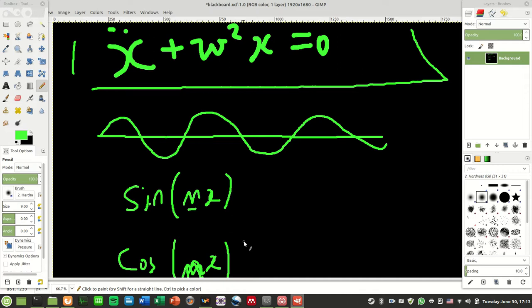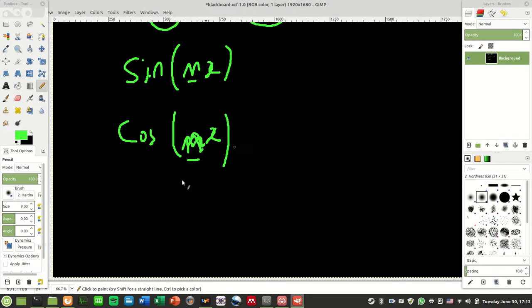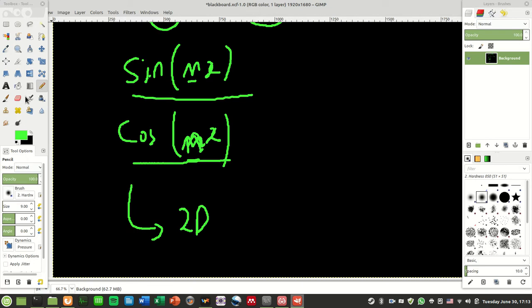So let's say we take it to a 2D level. We have the equivalent of the sine and the cosine mx in 2D, and these are called Bessel functions.